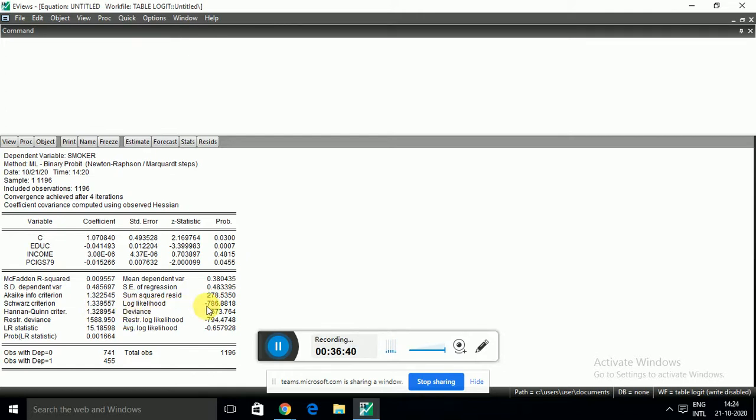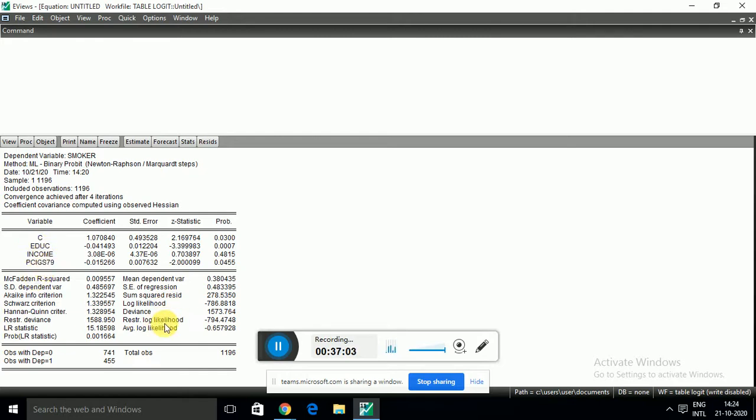One is the unrestricted log likelihood. The unrestricted log likelihood is saying that I am including all the variables: education, income, and the price of cigarettes.